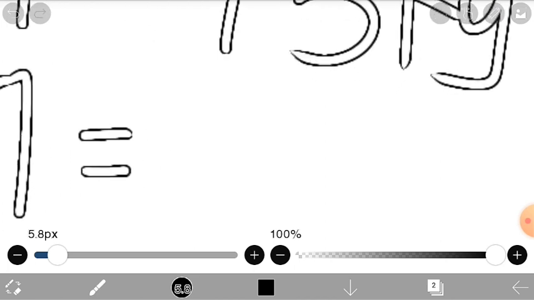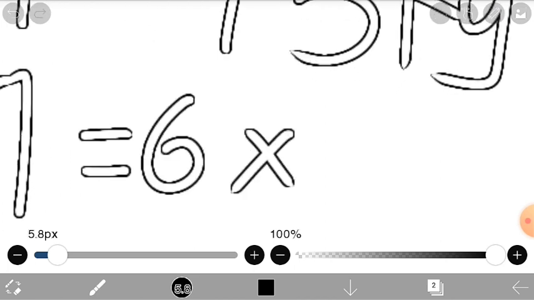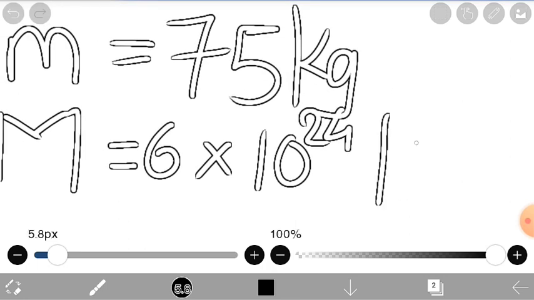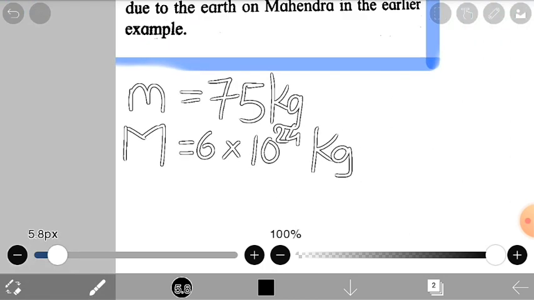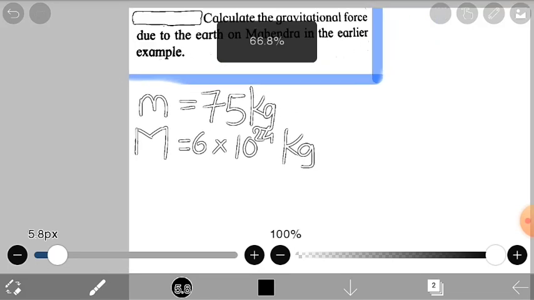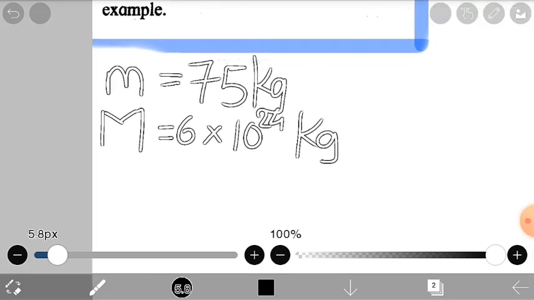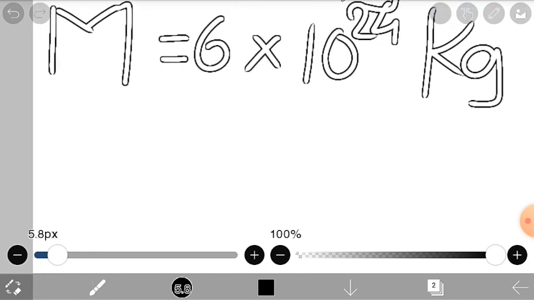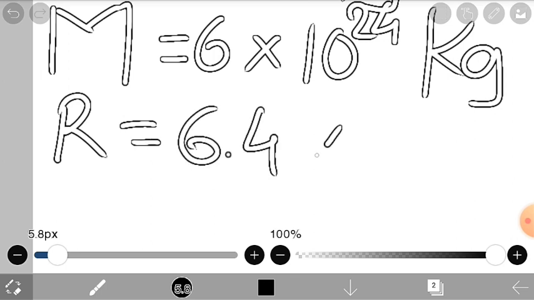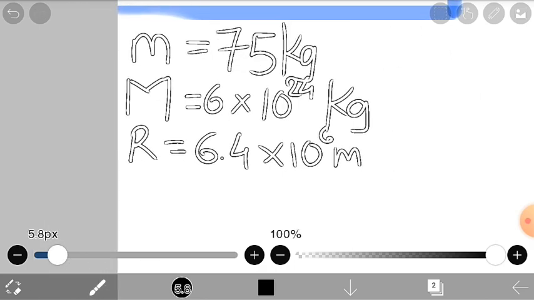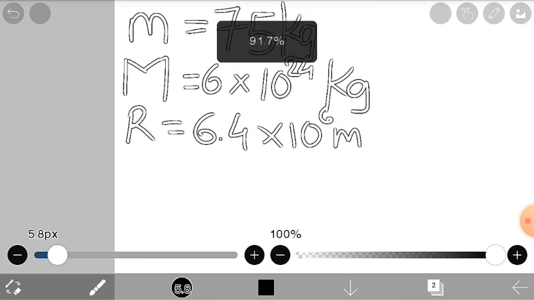The mass of earth is 6 into 10 raised to 24 kg, and the radius of earth is also necessary. As Mahendra was on the surface of earth, the distance between them is the radius of earth. Therefore radius of earth is 6.4 into 10 raised to 6 meter.